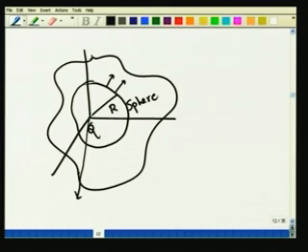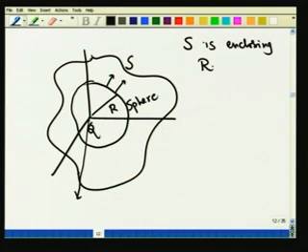What shall we do? What we shall do is to look again at this whole region R. What is my whole region R? Whatever is enclosed by the surface S. The surface S is enclosing the region R. Now this region R shall be split into two parts.